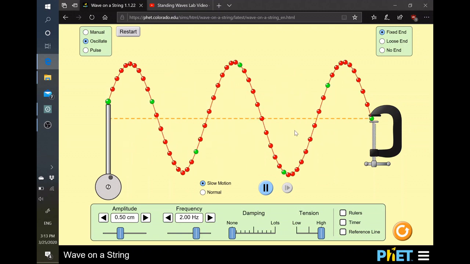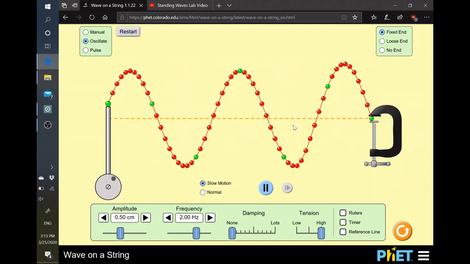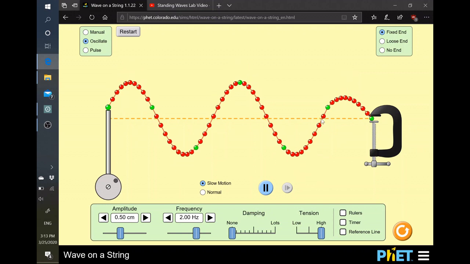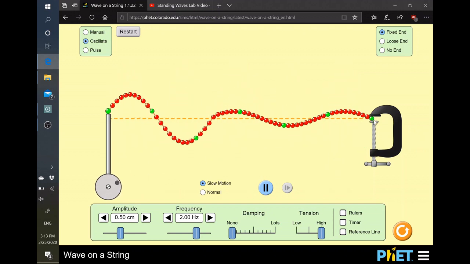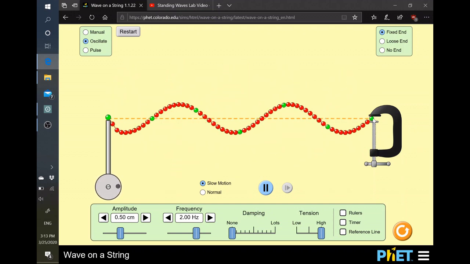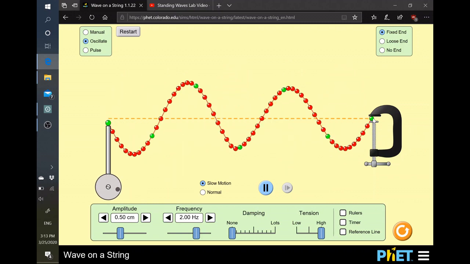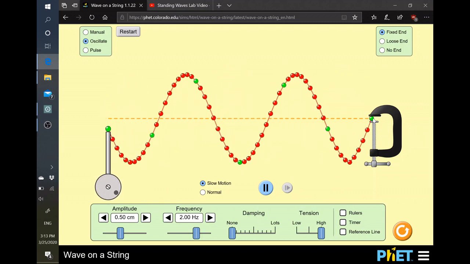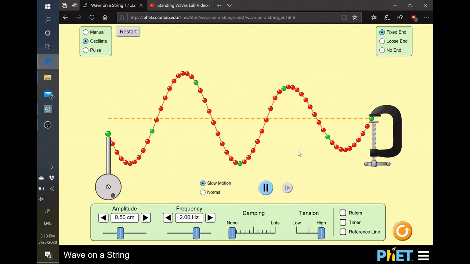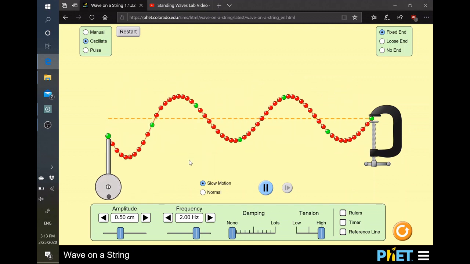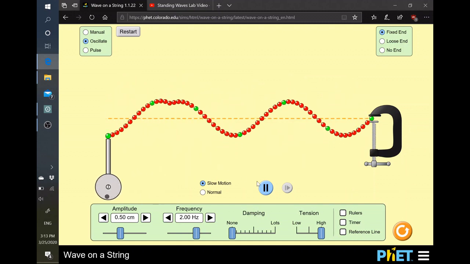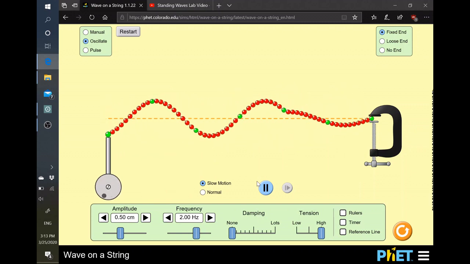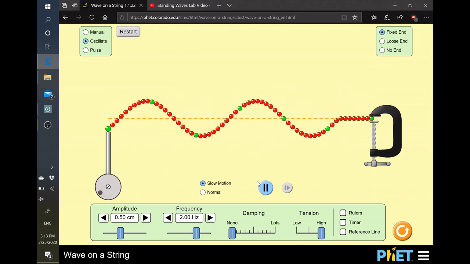The points that move the most are right here. Here's another antinode, and here's another node. You also have a node at the end point on the right. And for this standing wave, it looks like we have 1, 2, 3, 4, 5. I'm counting 5 antinodes, so this is an n equals 5 standing wave.